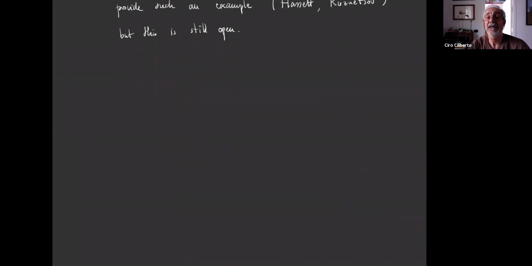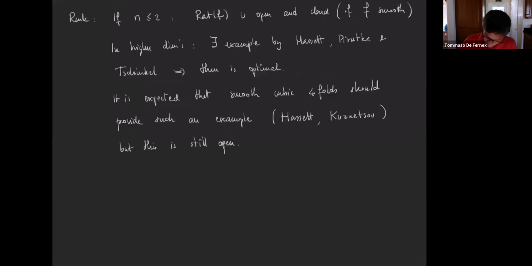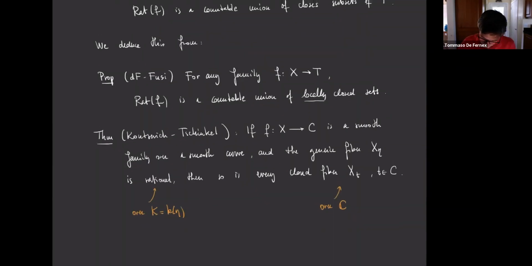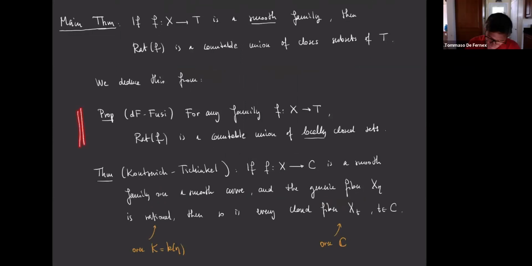Tommaso, can I ask you another question? Yeah. What about the unirational locus? I was going to mention something in a moment, but I can mention it now. So if you look at this proposition here, I can replace the word rational by unirational, and the proof carries through in the same way.